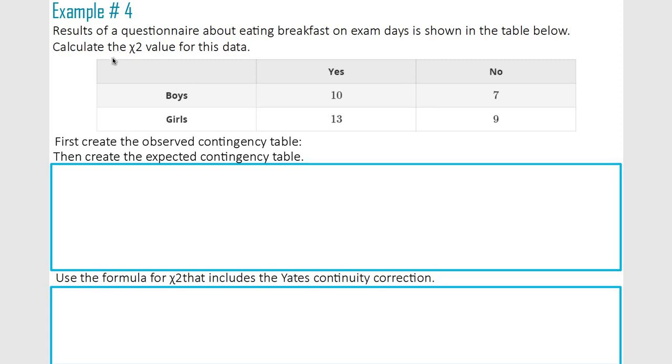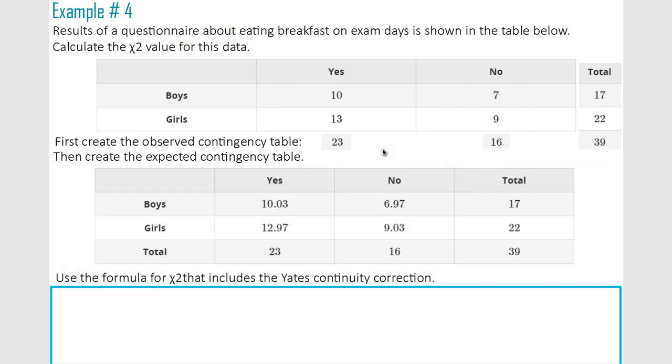We're going to calculate the chi-squared. We have our observed contingency table, so we need our totals. We add in our totals, then create the expected contingency table. We multiply the n's, so 17 times 23 over 39 is 10.03.